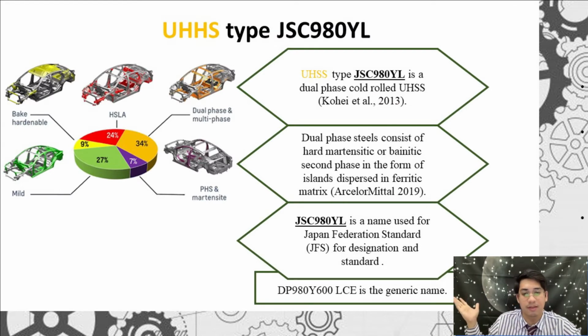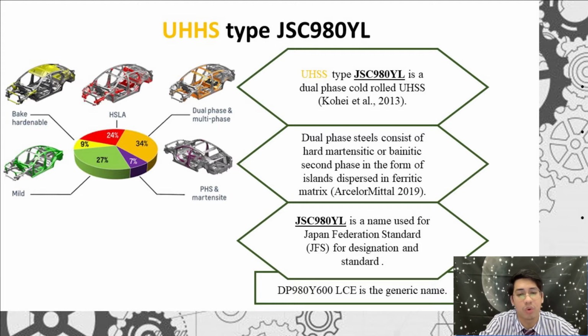JSC 980YL, which is our UHSS type that we use in this project. It is a dual phase cold rolled UHSS. Dual phase steel consists of a hard martensitic or magnetic second phase in the form of islands dispersed in a ferritic matrix.